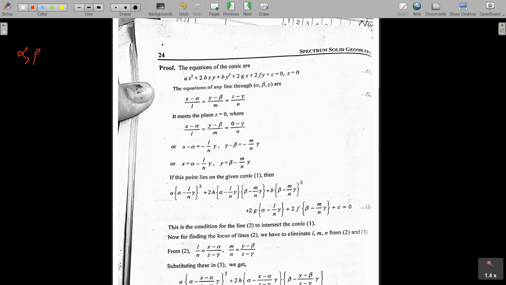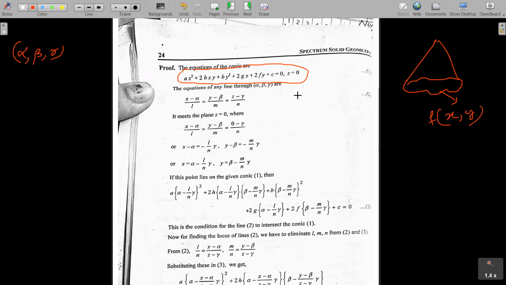Say the vertex of the cone is alpha, beta, gamma, and we are given the equation of the guiding curve. So this is the equation of the guiding curve, right? So we have the cone. So this is the guiding curve. So as I discussed, this guiding curve is say in xy plane. So its equation will be in terms of x and y only. So either z will be 0 or z will be constant.